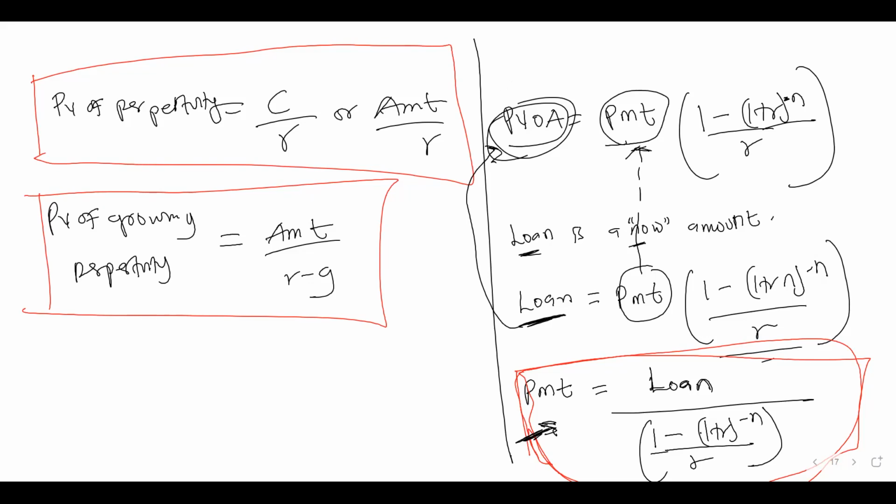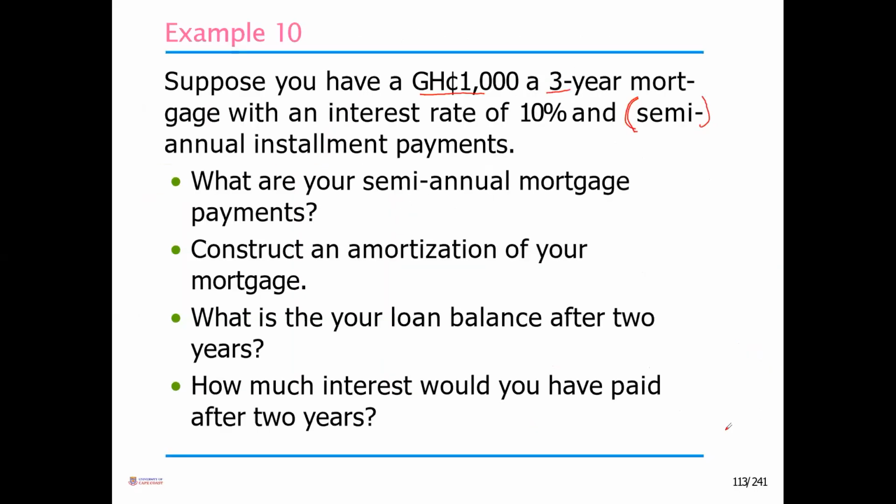So let's come back to the one in your slides. The one in your slide says that suppose we have a 1,000 3-year mortgage with an interest rate of 10% and semi-annual. Now, the word semi-annual makes the thing compound twice in a year. If it is monthly, it will compound 12 times in a year. All right.